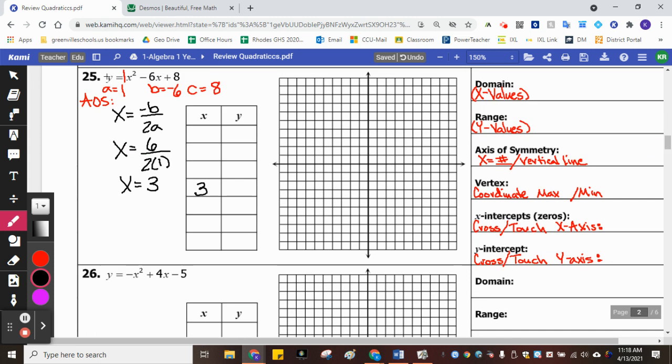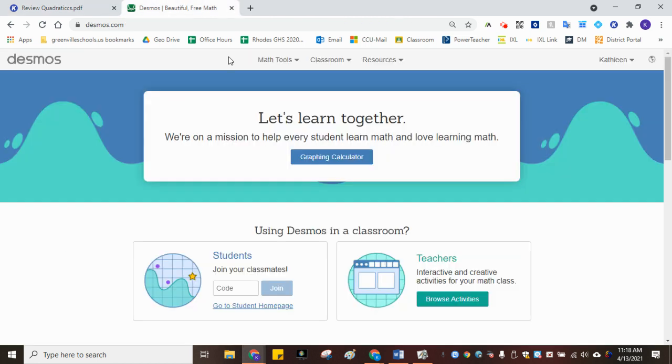To find the y, I'm going to go back up to this equation. And anytime I see an x, I'm going to plug in 3. So to find y, I'm plugging in 3 for x. And then we're just going to put that in a calculator.